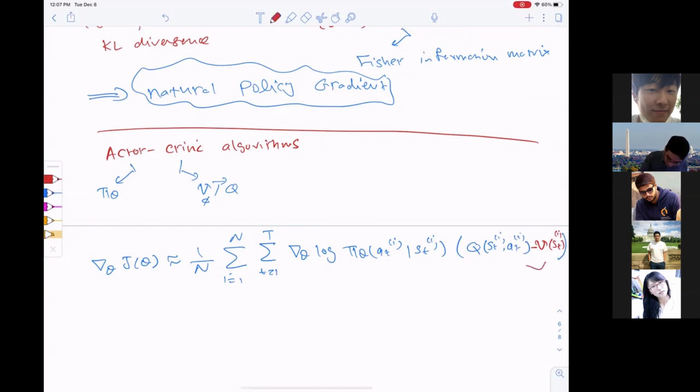So this term is often referred to as the advantage function. It says, if you take an action A, compared to the average value, what is the average reward that you're going to get? What is the advantage of taking this particular action? So this is the advantage function.